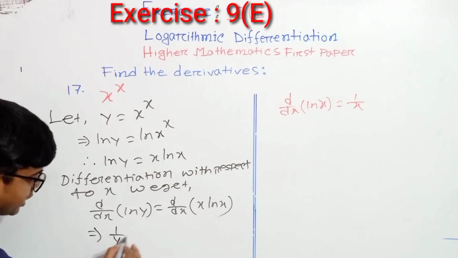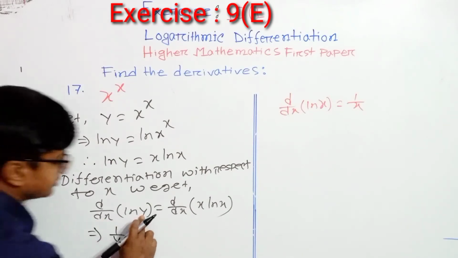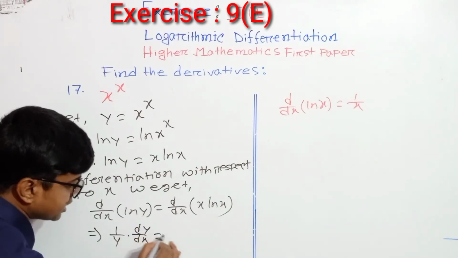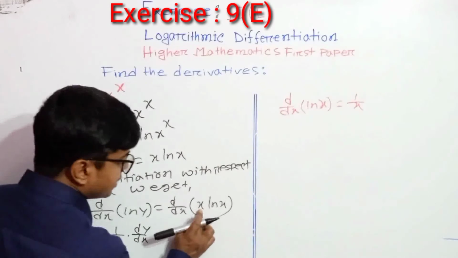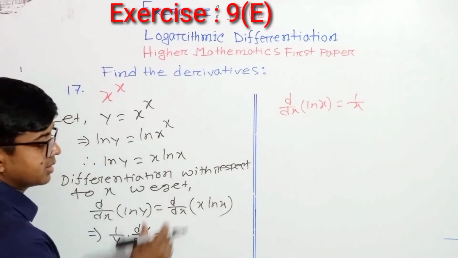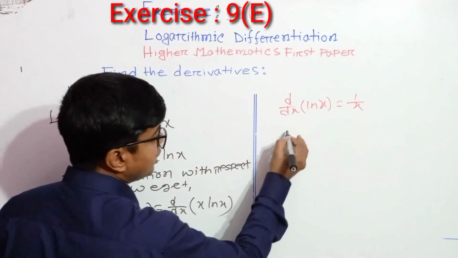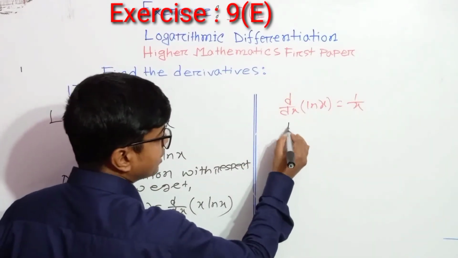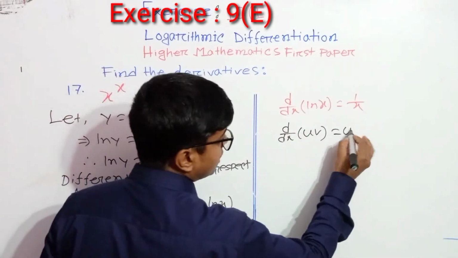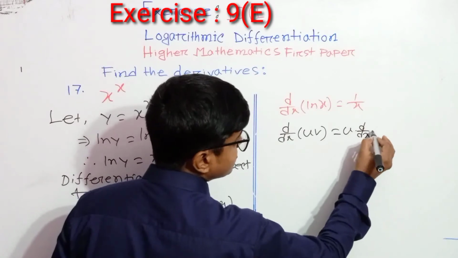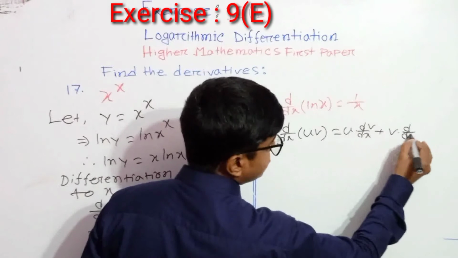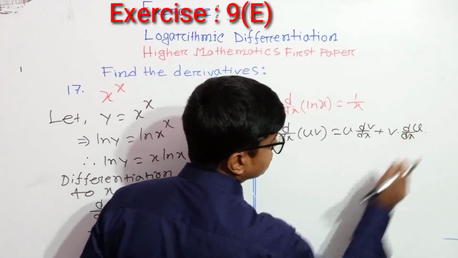here 1 by y into d/dx of y equals to, now here suppose x is u and ln x is v. Now we can apply the formula of d/dx of uv, so u into d/dx of v plus v into d/dx of u.